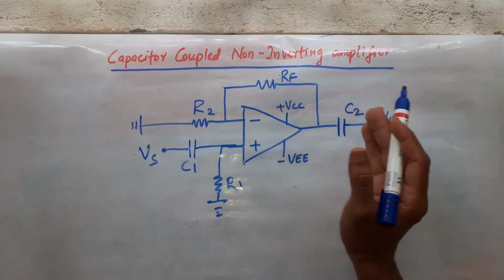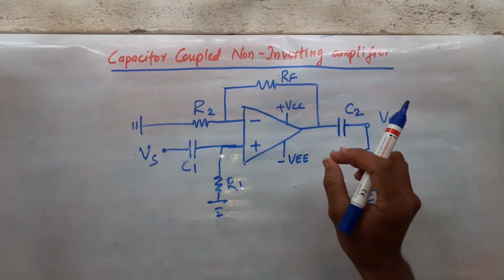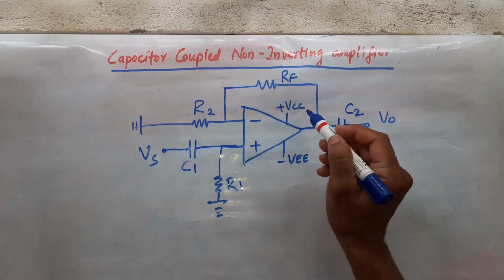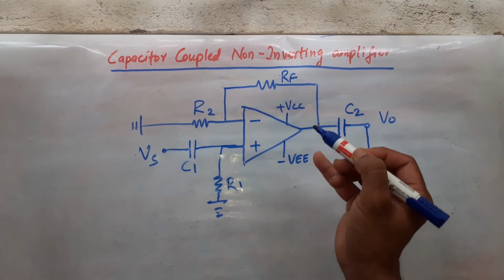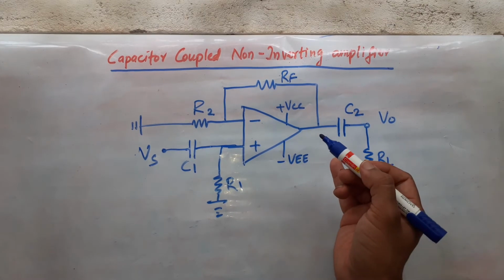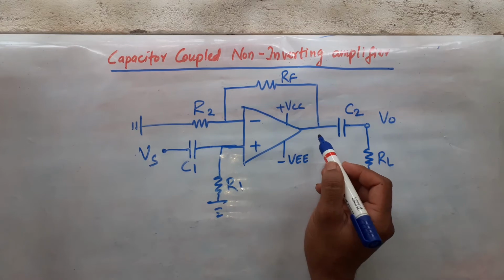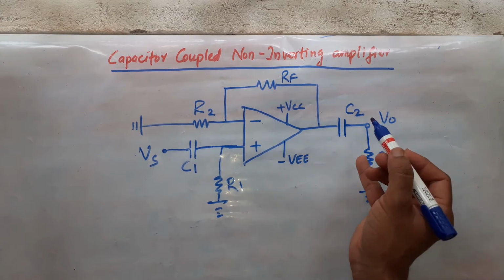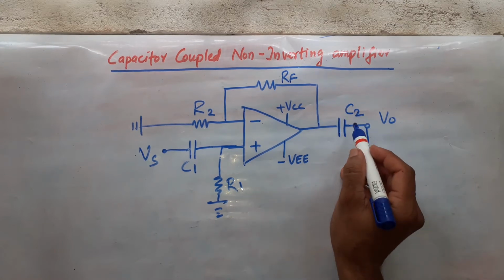Here also, while driving a load, we want pure AC to come out, right? Even if some DC is created, because we are already using plus VCC and minus VEE, there is some chance that some DC signal may get added into our output. So we don't want that to come out. Before taking it out, we are blocking it with another capacitor C2.